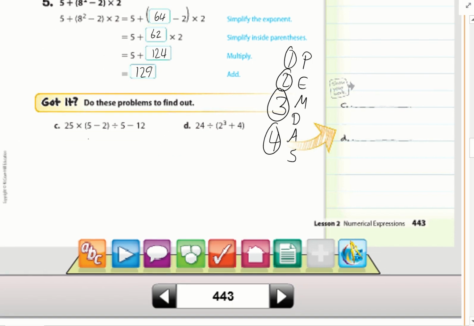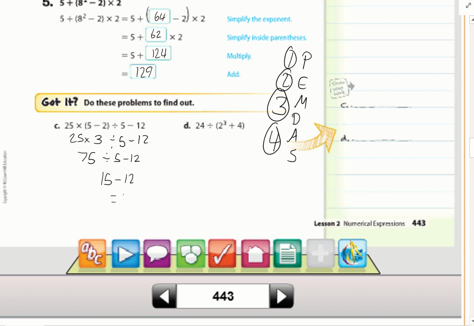So we're going to do parentheses first. I'm going to do this step by step. So 5 minus 2 is 3. Divided by 5 minus 12. Now, multiplication, division, I just do from left to right. So 25 times 3 equals 75. 75 divided by 5, I believe that's 15.